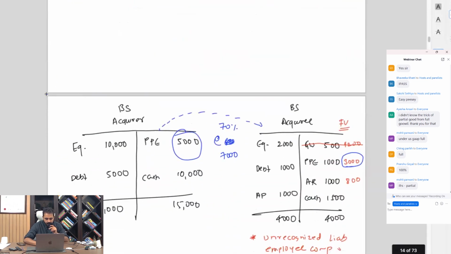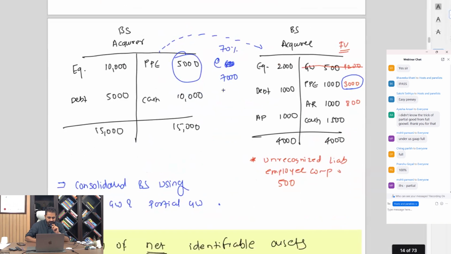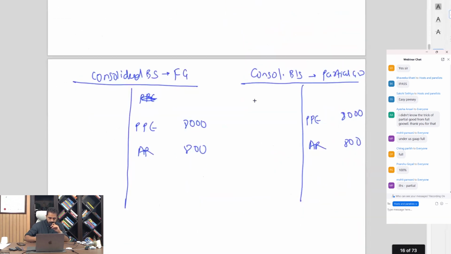Next, I have cash of 10,000. However, out of that 10,000, I paid 7,000 to the acquisition. I'm left with 3,000. But this 1,500 I will also be adding to my books. So total cash became 4,500, in both the books.